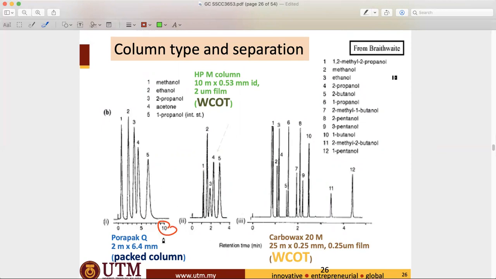For packed column, the analysis time is 10 minutes. But when you are using WCOT, it is reduced to 4 minutes, maybe 5 minutes. And more separation happens. More compounds appear.